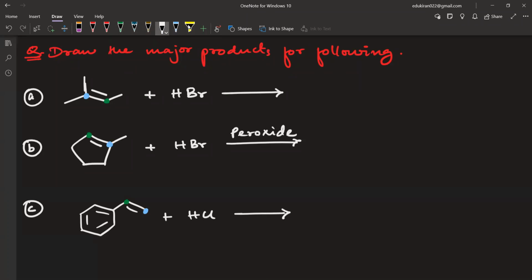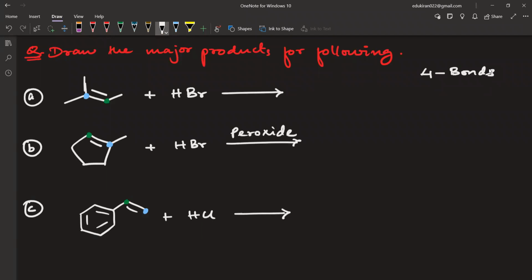Tell me for the blue one. Sahel, can you tell me how many hydrogens will be there on the blue carbon? It is 4 minus the number of bonds. How many bonds are there? Double bond, 2?